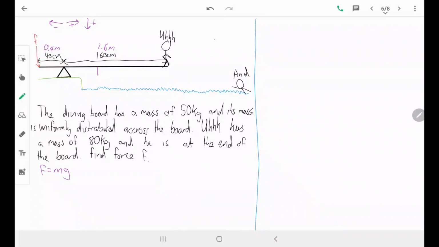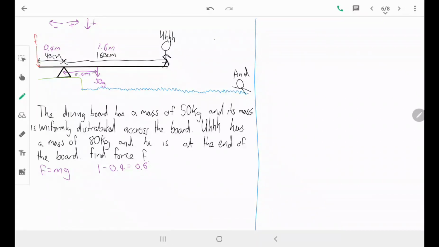The board's mass can be assumed to be in the middle, and the entire board is 2 meters long, so the center is 1 meter from the edge. But I want to know how far it is from the pivot to the center of mass, and I'm going to say that's 50g for the force. Well, you have to do 1 minus 0.4, which is 0.6. So that's 0.6 meters.